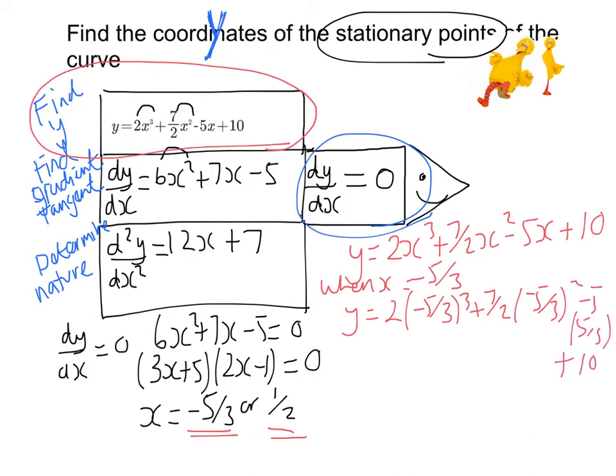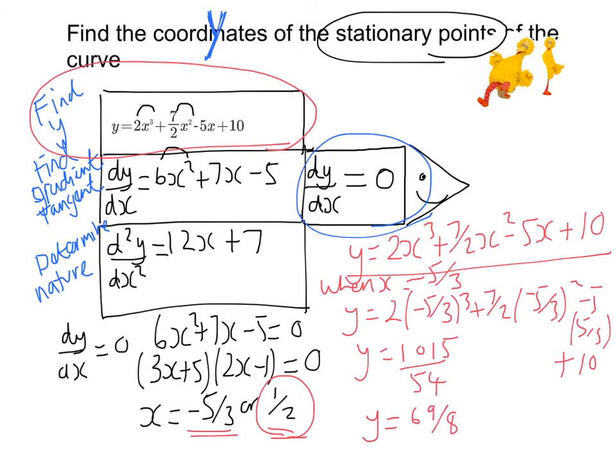I'm getting bored of writing that out, so you can trust me that I've worked that out for you. It's not a particularly nice number. It's 1015 over 54. And then I'd have to feed x is a half into the y equation, and y will come out as 69 over 8.